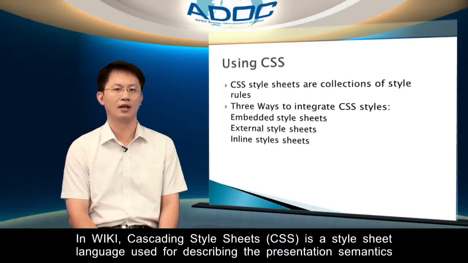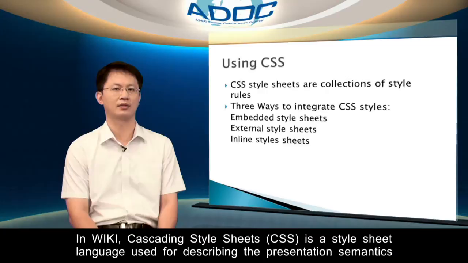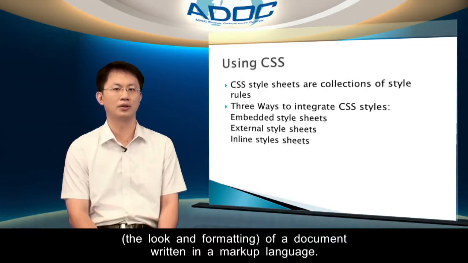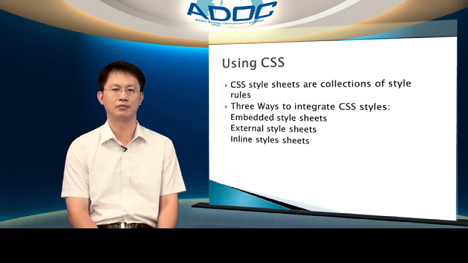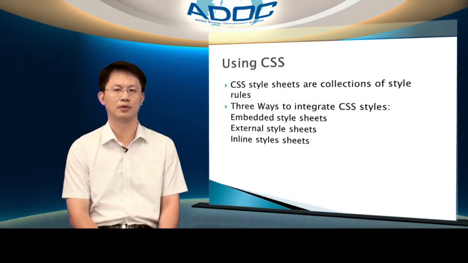According to Wiki, Cascading style sheets, CSS, is a style sheet language used for describing the presentation semantics, the looks and formatting, of a document written in a markup language.